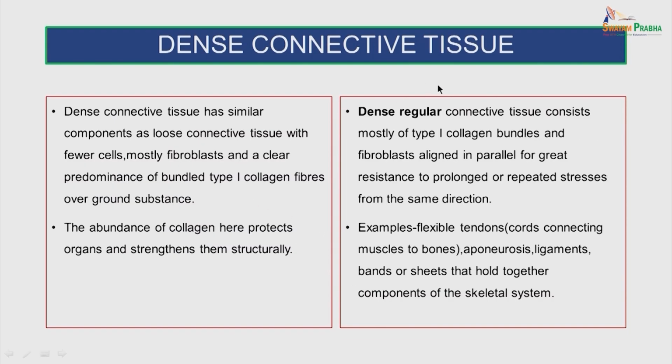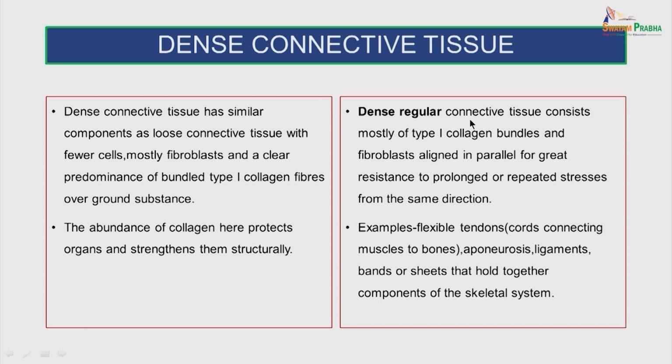Coming to dense connective tissue, it has similar components as loose connective tissue with fewer cells, mostly fibroblasts, and a clear predominance of bundled type 1 collagen fibers over the ground substance. The abundance of collagen here protects organs and strengthens them structurally.